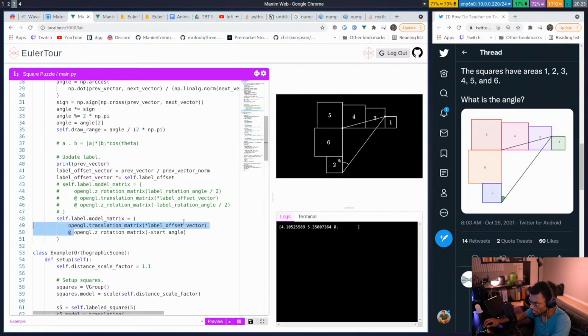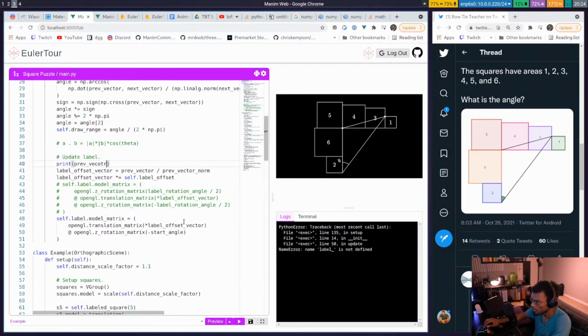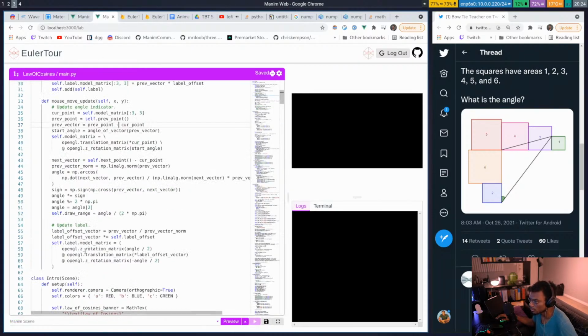I have to go back and try to adapt what I did before. It's so close, I think. This label offset vector. No, this angle was just angle.